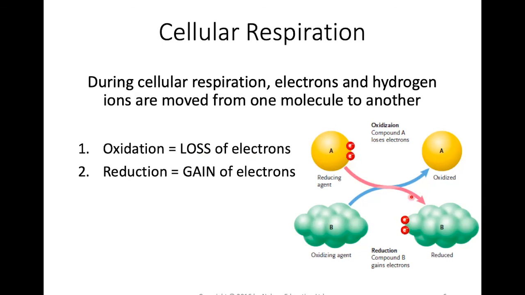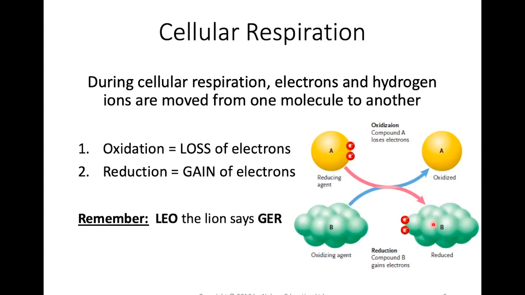And once that other molecule receives those electrons, that molecule is said to be reduced. This one's an easy one to remember because reduced, just think if you're gaining negative charges, the overall charge would be reduced in that way. Okay, so with oxidation, you're losing electrons, and with reduction, that molecule is gaining electrons.